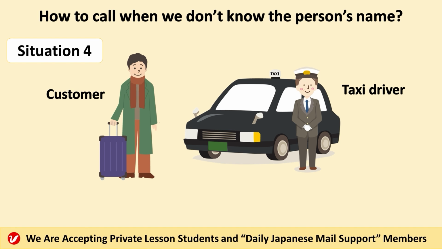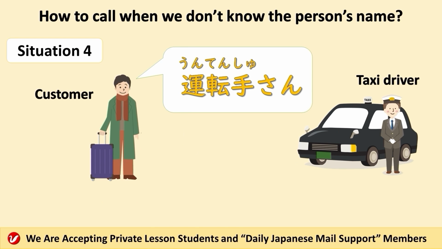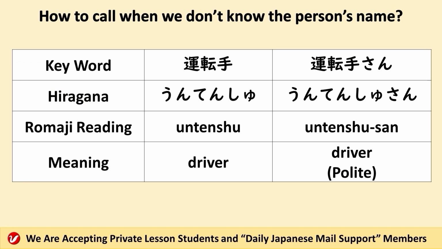Situation 4. We'll show you the next situation. The man on the left is a taxi customer. They don't know each other's names. The customer calls the taxi driver as 運転手さん. 運転手 means driver. When we call a driver, we often say 運転手さん.